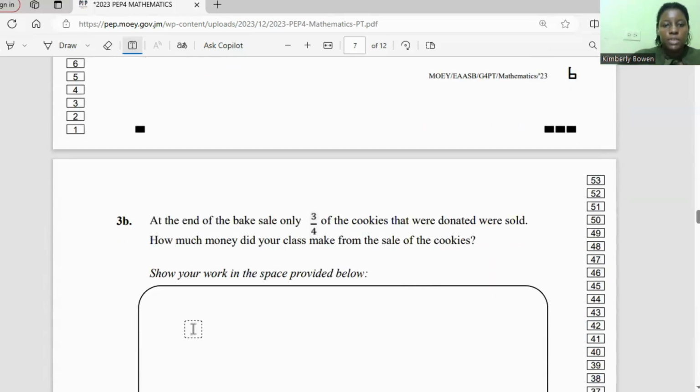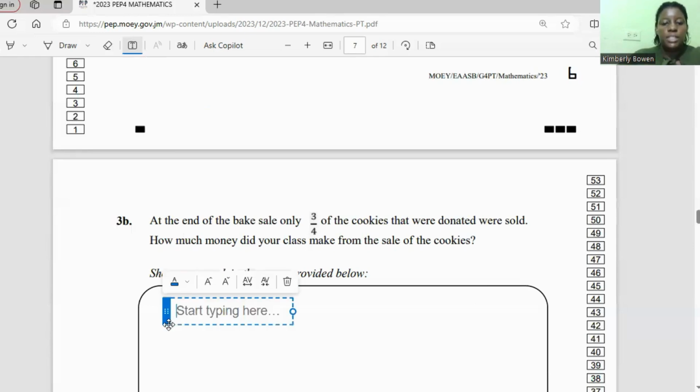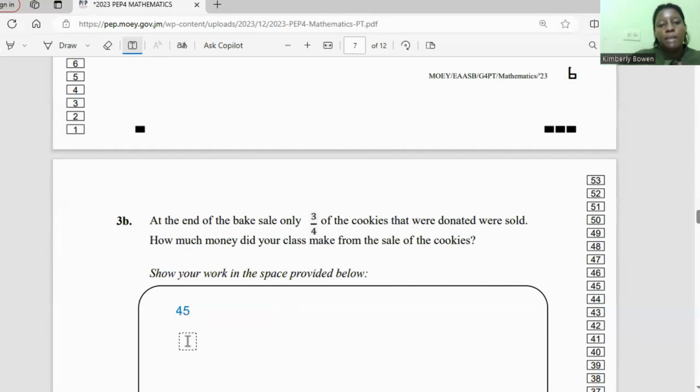So if there are 60 cookies and 3/4 were sold, we just need to find 3/4 of 60, and that's 45, because a half of 60 is 30, and a half of 30 is 15. And a half plus a quarter is 3/4, so 30 plus 15 is 45.